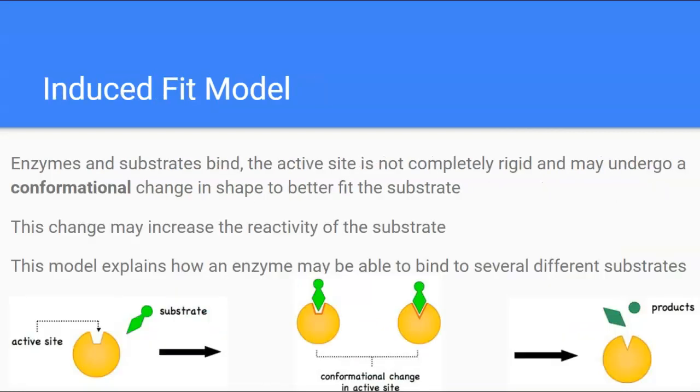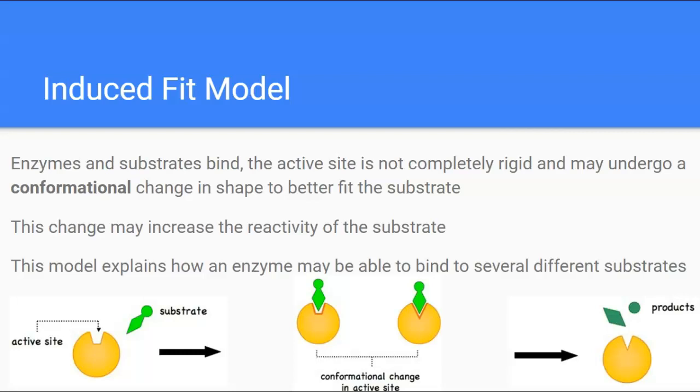Over the years, we've come to terms that this induced fit model might be a better explanation for how enzymes actually work. The enzymes do in fact have a specific active site shape, but it's not as rigid as the lock and key model suggested, and so it can undergo a conformational change.